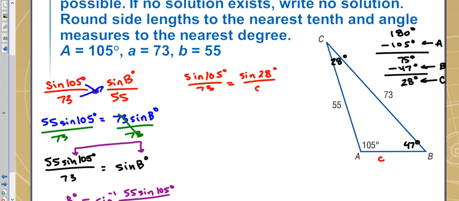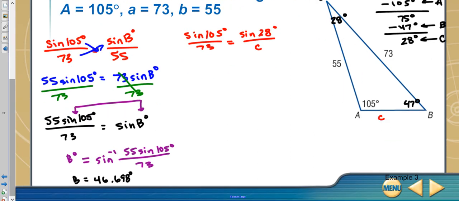And so I'll put C. Now, if I wanted a better answer, I would use the unrounded value, but for now, I'm just going to use the rounded value we already have. So we'd cross multiply and divide. And so we'd have 73 sine of 28 degrees equals C times sine of 105.